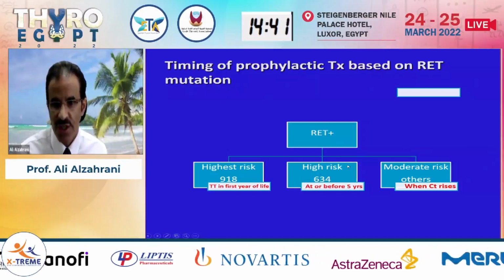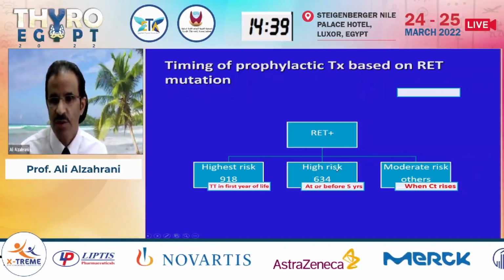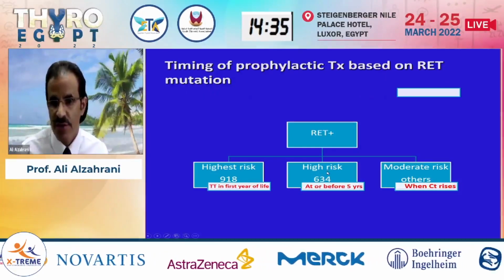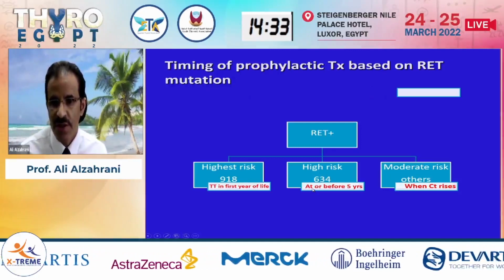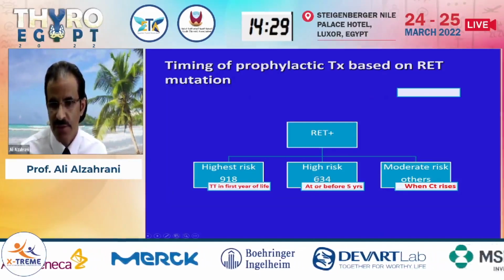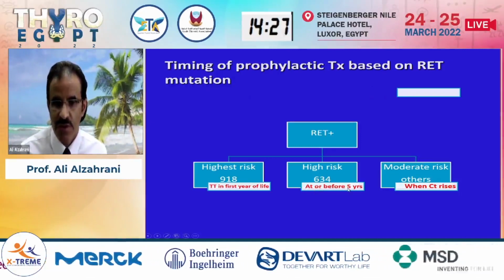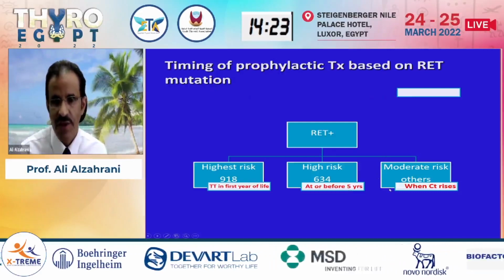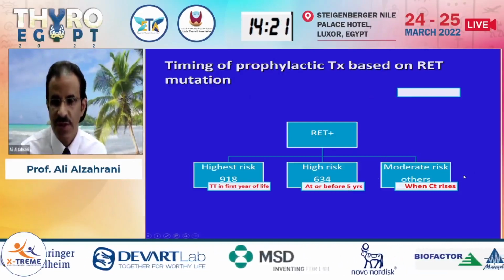If the patient has 634, which is the second most aggressive mutation, it is labeled by the American Thyroid Association to be a high risk. Then again, this patient is at a very high risk of developing medullary thyroid cancer, and the indication to do prophylactic thyroidectomy is before 5 years of age. All other mutations are classified as moderate risk. You can see there is no low risk.